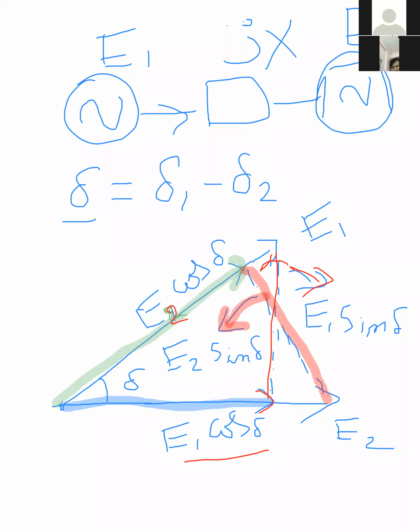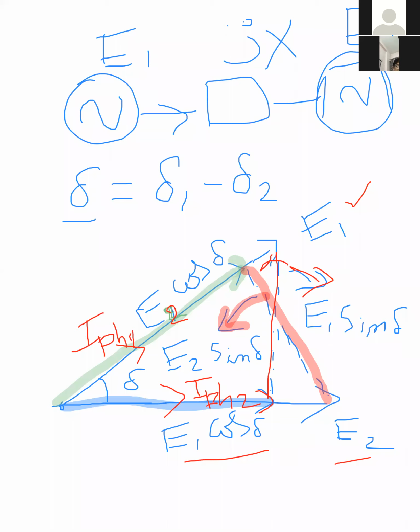For example, if you want to calculate the current in phase with E1 and the current in phase with E2, I assume IP1 is the current along E1, and IP2 is the current along E2, along the phase direction.